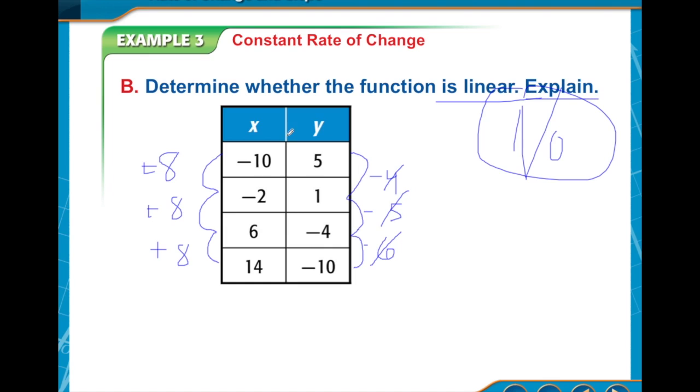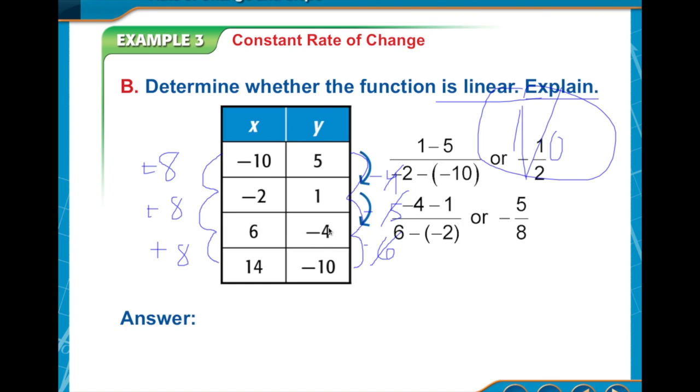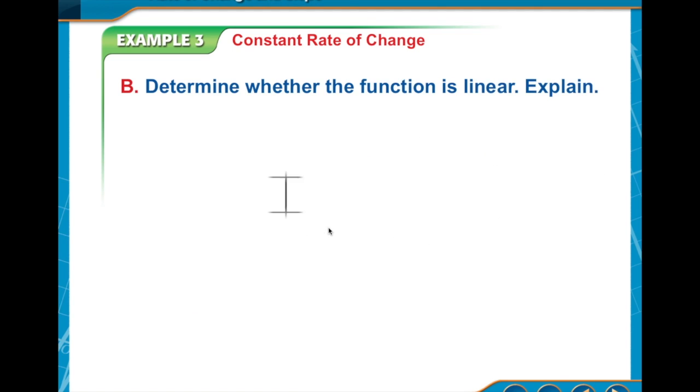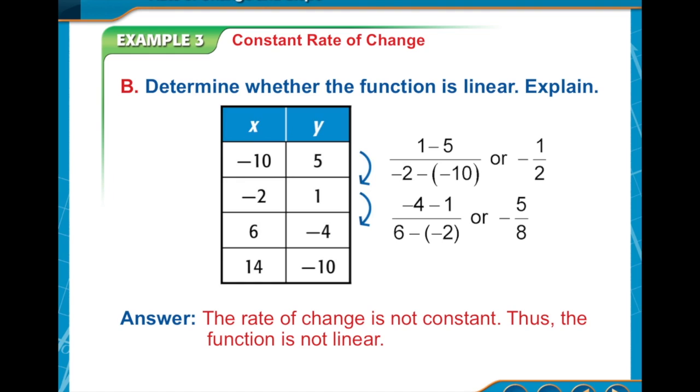Our explanation is that the rate of change is not constant. So we found that if you track those, the slope is different. Why? Because the rate of change is not the same. It's not constant. So this has formed something strange that's not a line. So we are good to go on 3b.